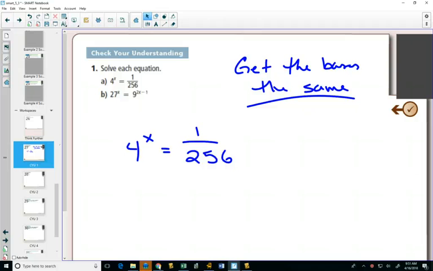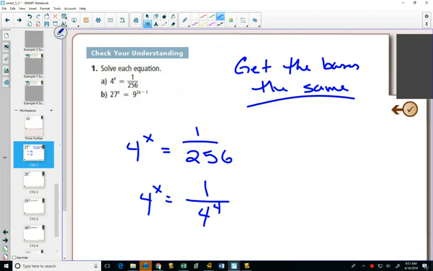Well, we can write 256 as a power of 4. So I have 4 to the x here, and 256 was 4 to the power of 4. Now we're close here. The goal is to get the bases the same.